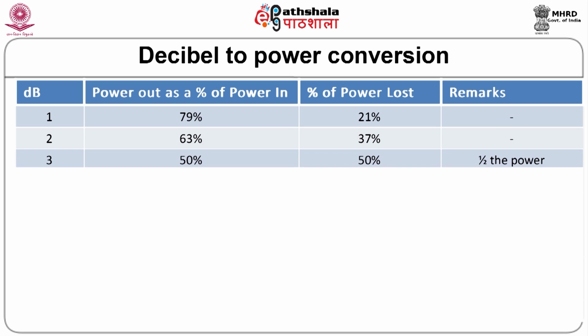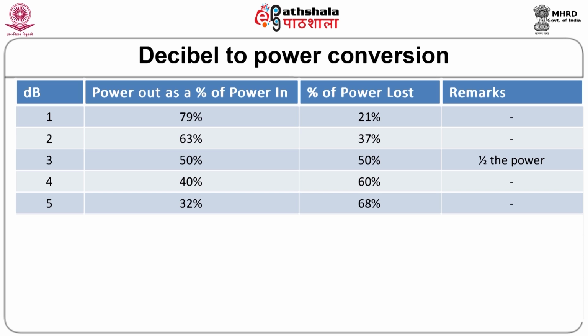If it is 3 dB, then 50% power output with 50% power loss, that is called as the half power. If 4 dB, then 40% of power output and 60% power lost. If 5 dB, then 32% power out, 68% power lost. If 6 dB, 25% power out and 75% power lost, that is 1/4 the power.